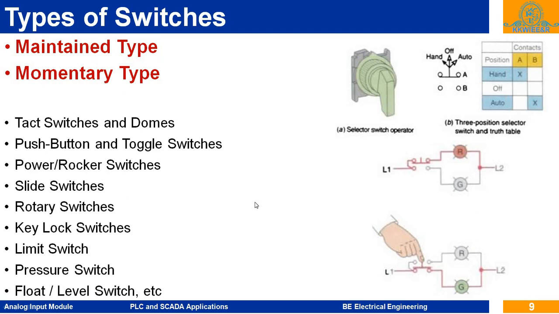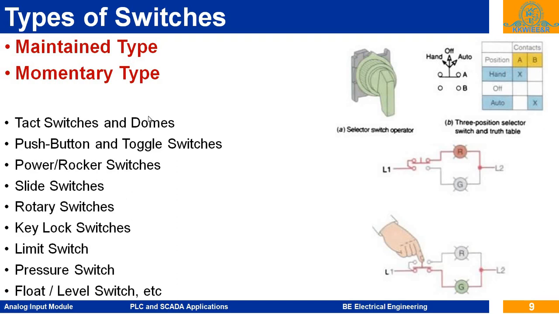Maintain type means, like our domestic switch, when we press this switch it maintains its position, and in that position your lamp is on, your fan is on. When you press the switch to turn off the lamp, again it will maintain its state in the off condition.